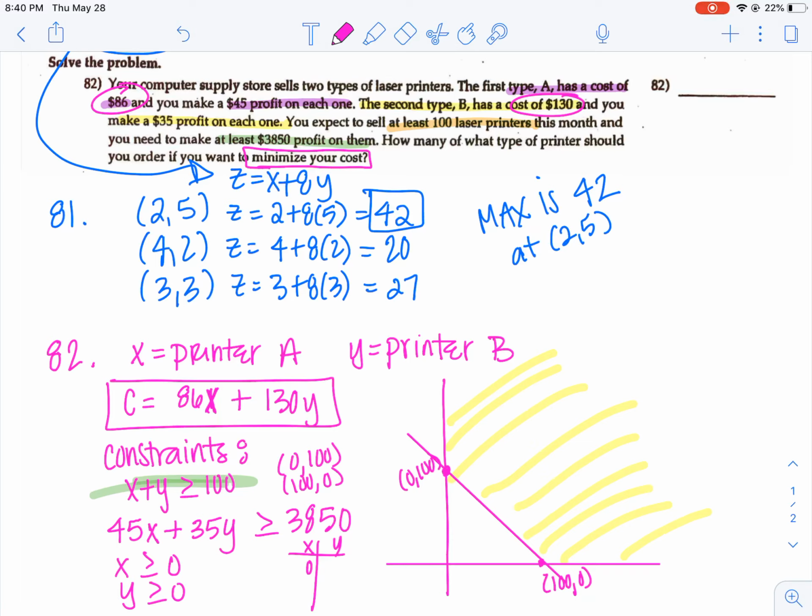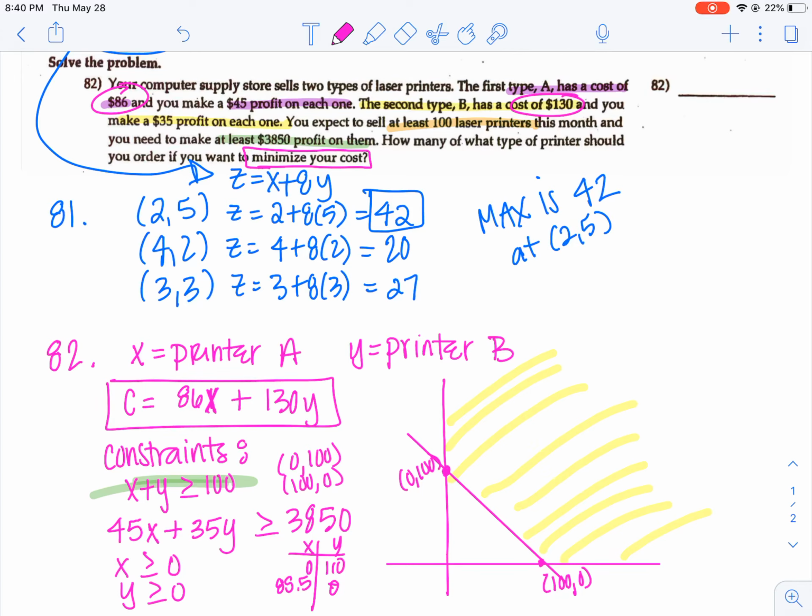When x is 0, you get 3850 divided by 35, so y would have to be 110. And when y is 0, 3850 divided by 45 is 85.5.